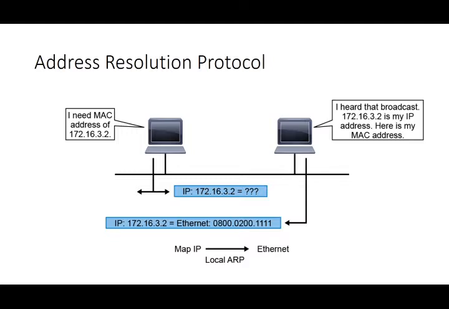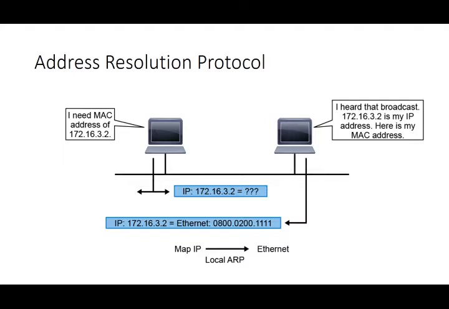Now the other machine on the network hears the broadcast and says, okay, 172.16.3.2 is my IP. Let me reply back directly to that device that needs my MAC address, and I will give it my MAC address. So this is what we see coming back here.